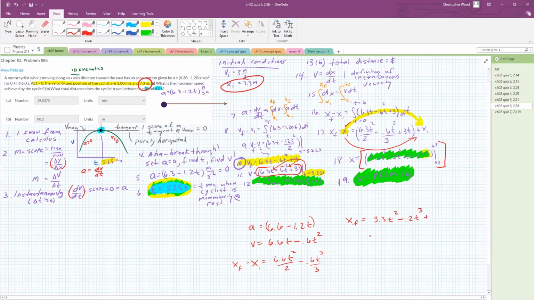So 3.3t squared minus 0.2t cubed plus 2.8t, and then 7.3. No, actually that 7.3 you don't need, because no, let's see here. I've got to backtrack, 3 v final.